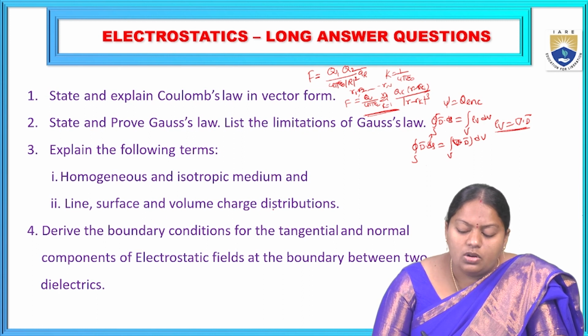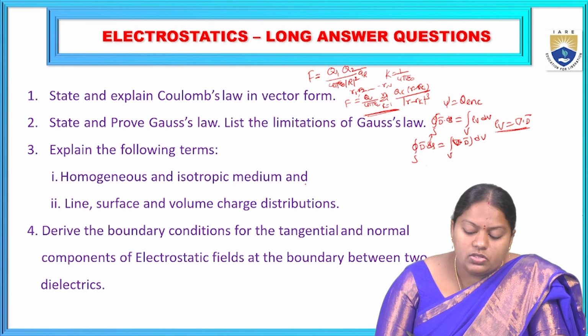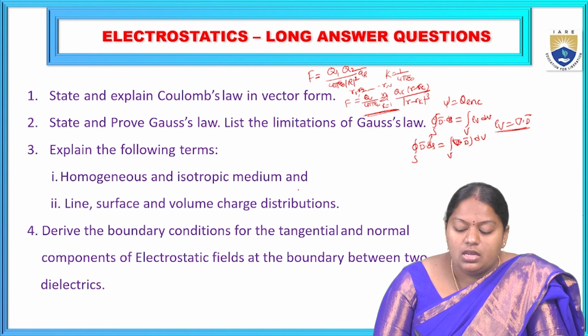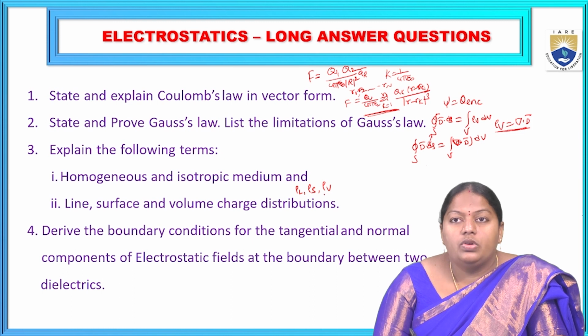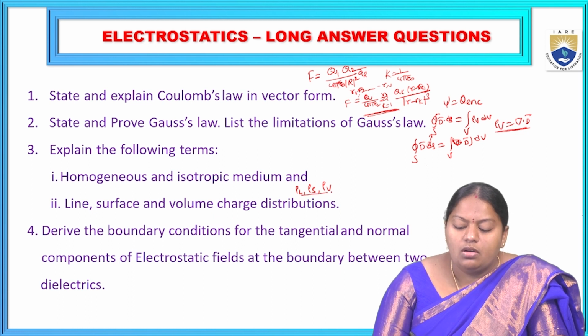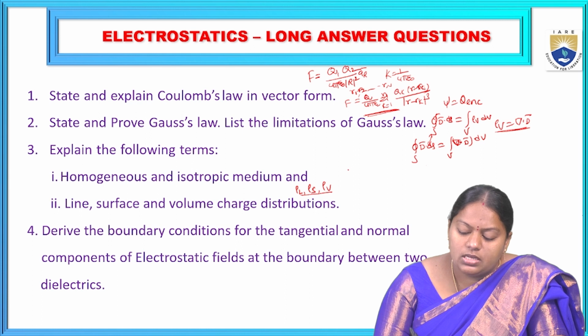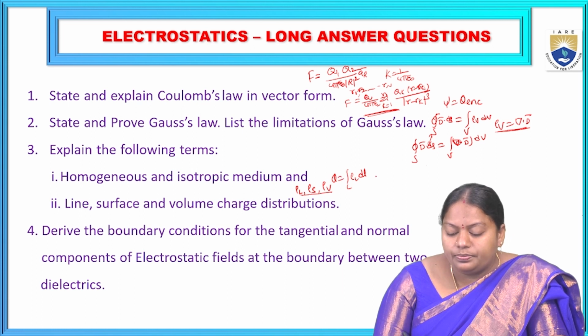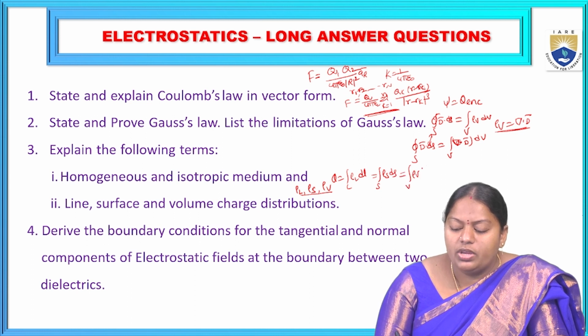Then coming to the line, surface and volume charge distributions. Charge density is generally represented by rho. For a line it is rho L, for a surface it is rho S, and for volume it is rho V. So line, surface, and volume charge distributions are represented by rho L, rho S, and rho V. For a line, Q is the integral over L of rho L dl; for a surface it is integral S rho S dS; and for volume it is integral V rho V dV.